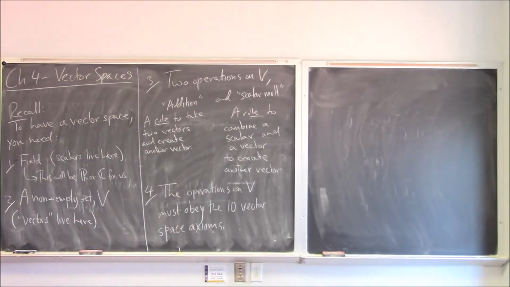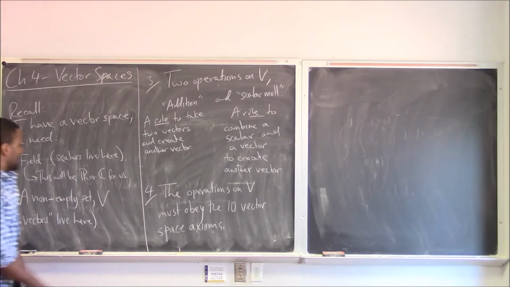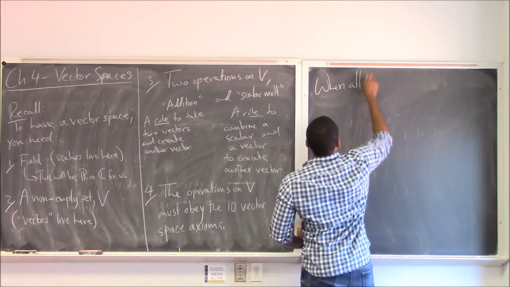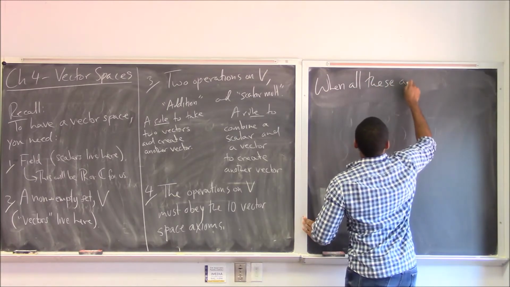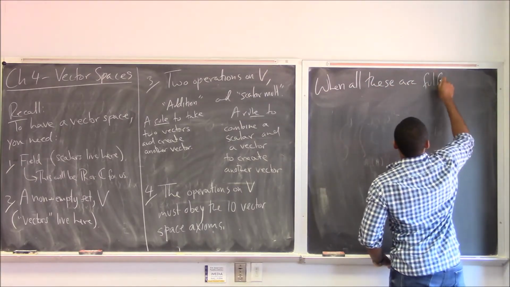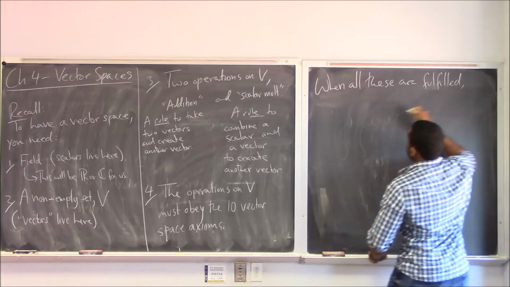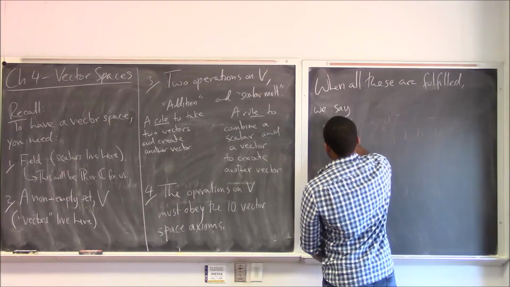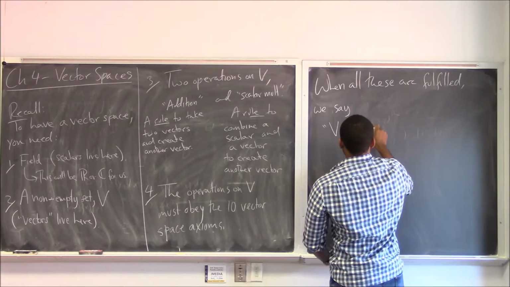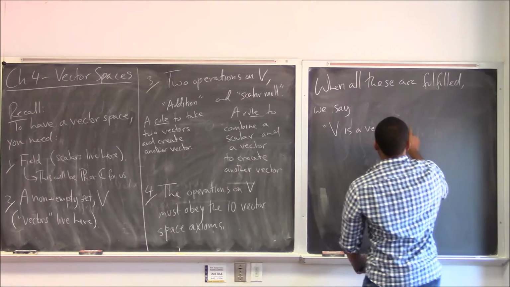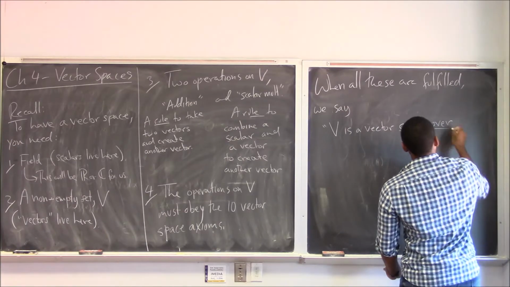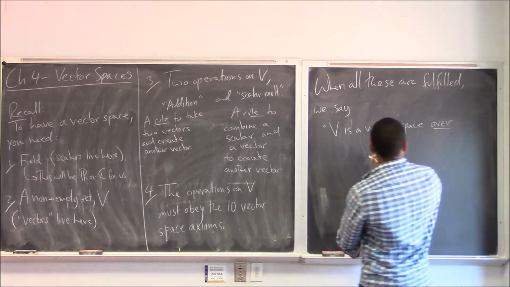Now, it's also important for you to know that when all these are fulfilled, we say V is a vector space. The word they normally use is over.